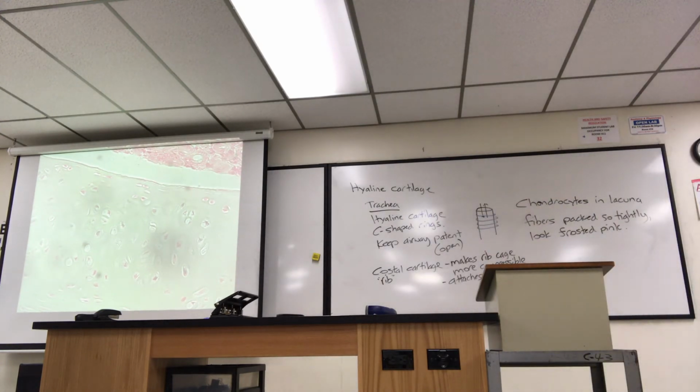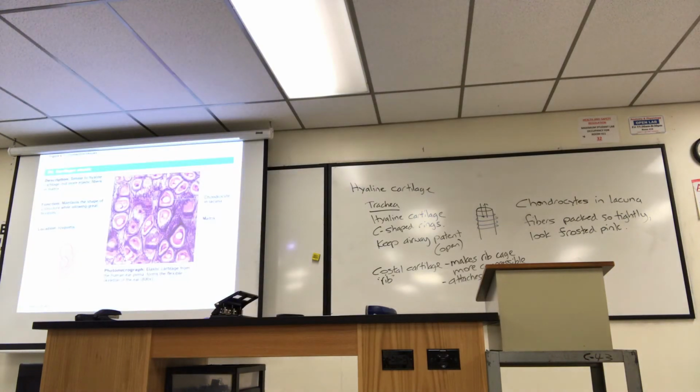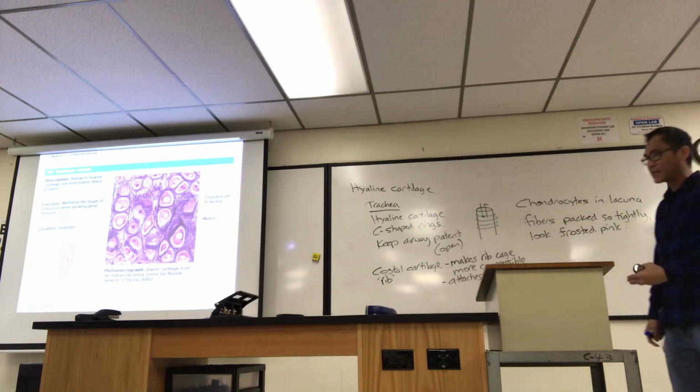All right. Do you remember what color elastic tissue was? Black. So elastic cartilage, we're going to look for this black, dark tissue. And again, look for the chondrocytes and lacuna so you don't call it something else. I don't want you to confuse elastic tissue with elastic cartilage.